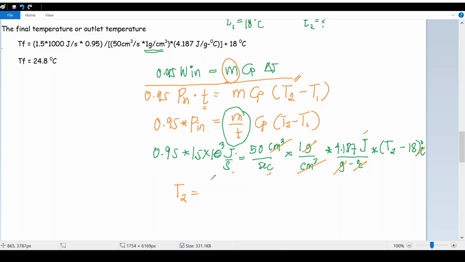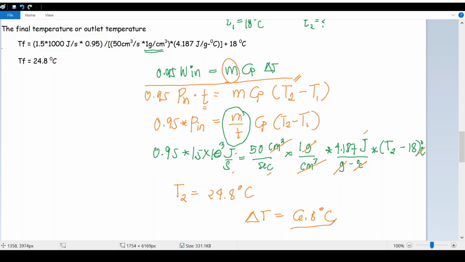And this gives us 24.8 degrees Celsius. There is an increase of 6.8 degrees Celsius due to the 1.5 kilowatt heater at a volume flow rate of 50 cubic centimeter per second.